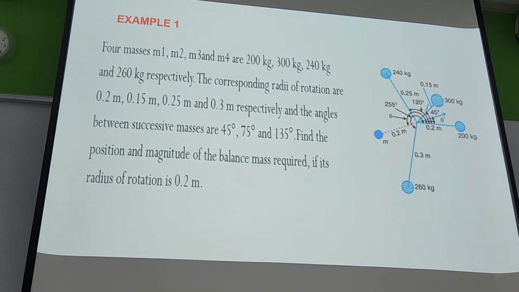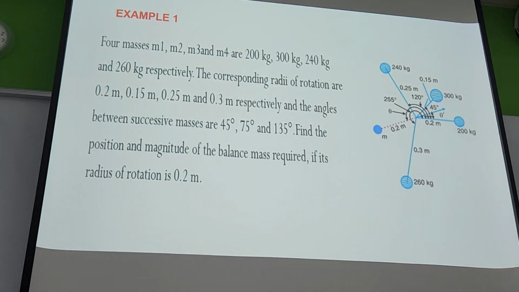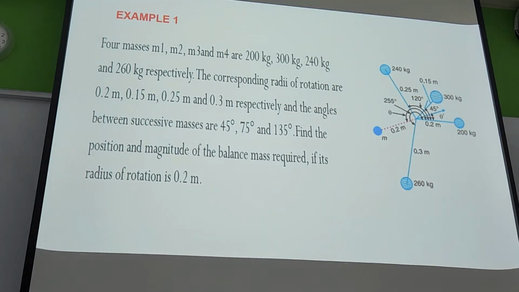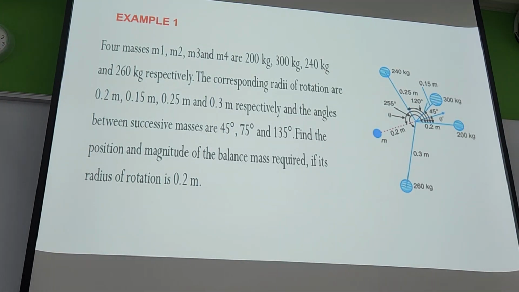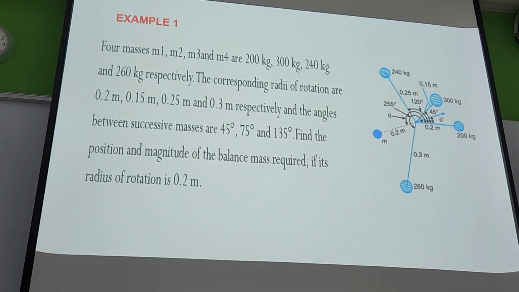You can see that M1, M2, M3, M4 are given. M1 is 200, M2 is 300, M4 is 260. The corresponding radii of rotation are given: R1 is 0.2, R2 is 0.15, R3 is 0.25, and R4 is 0.3.